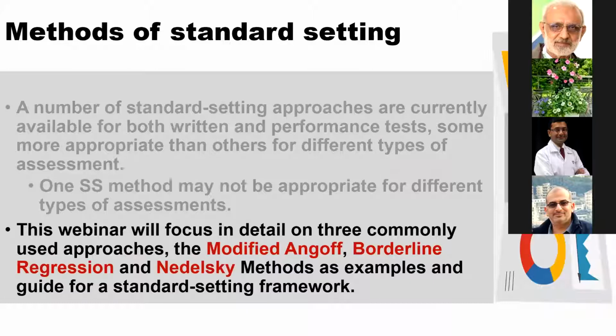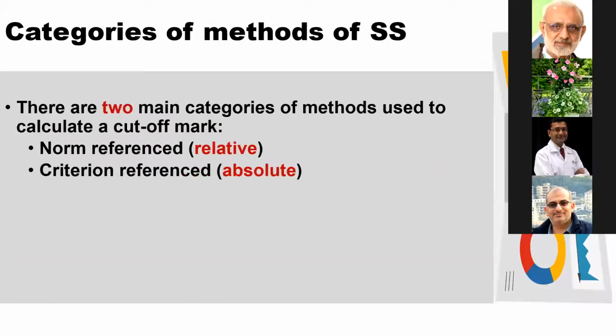This webinar will focus in detail on three commonly used approaches: the modified Angoff, borderline regression, and Nedelsky's method, as examples and a guide for a standard setting framework. The standard setting methods can be divided into two categories: norm referenced or relative, and criterion referenced or absolute.